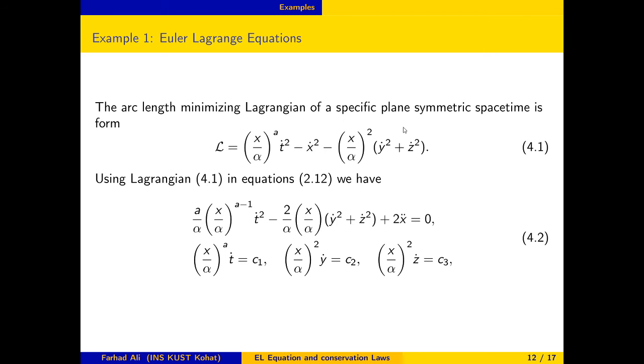So the dot is due to the arc length parameter. The arc length parameter is the independent variable; t, x, y, and z are the dependent variables. So we have 4 dependent variables, and we need 4 Euler Lagrange equations: 1, 2, 3, and 4.